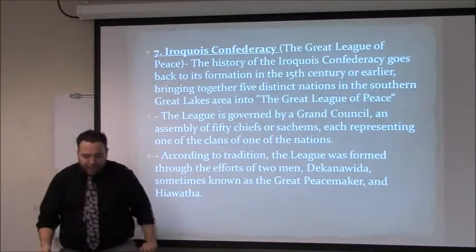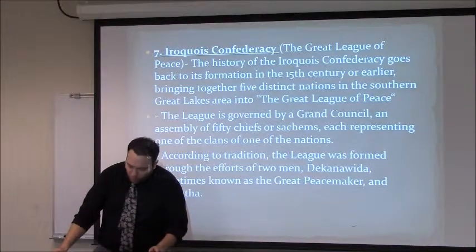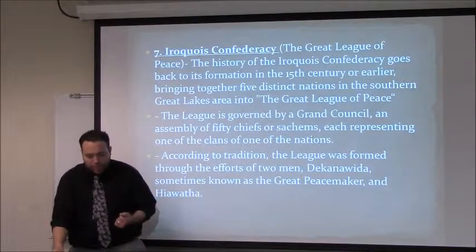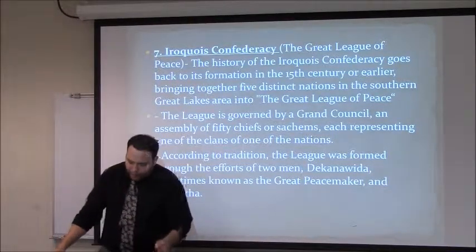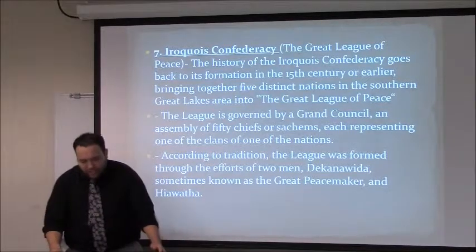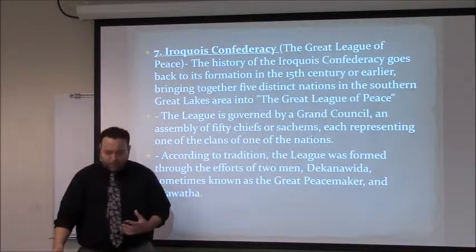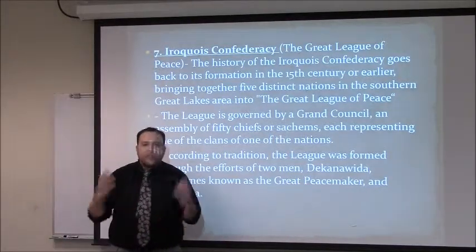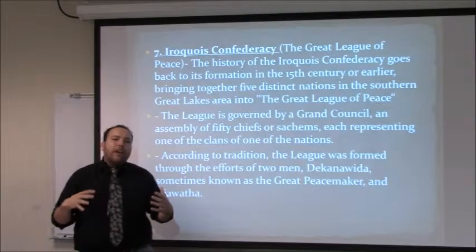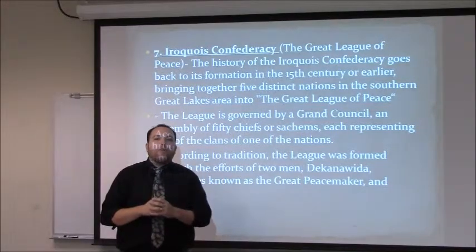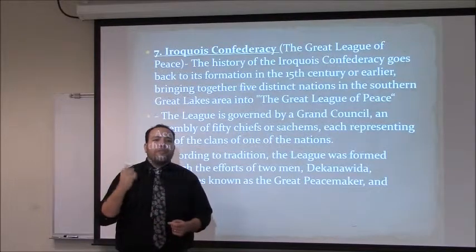Now, the history of the Iroquois Confederacy goes back to its formation in the 15th century, or perhaps maybe even earlier, bringing together 5 distinct nations in the southern Great Lakes area. Each nation had a very distinct language, and within the Iroquois family, kind of a distinct territory, but nevertheless, they agreed upon kind of the formation of a loose confederacy.